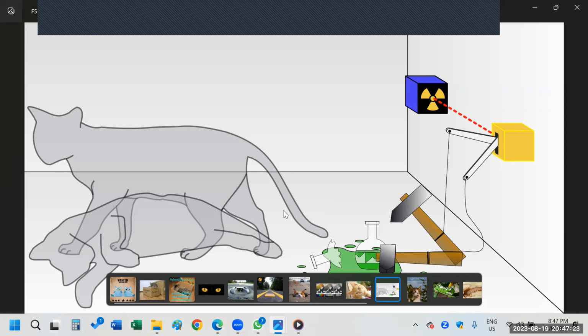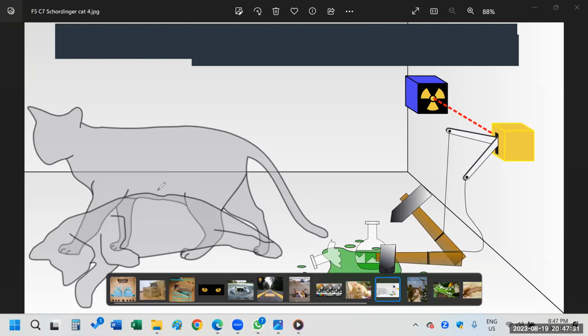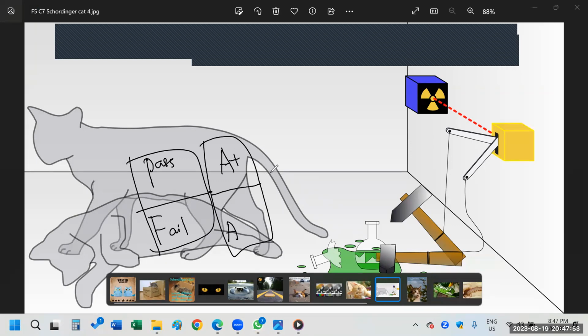Like you. You don't know your physics mark yet, right? So you might fail or you will pass. So now your result is Schrödinger's cat. Or some people say I'm sure A plus. Maybe you are A. How do you know?